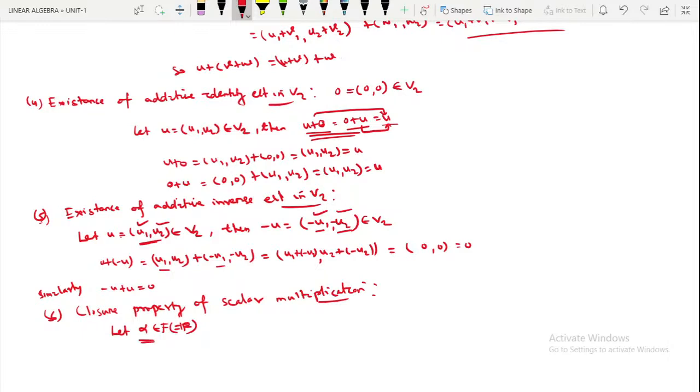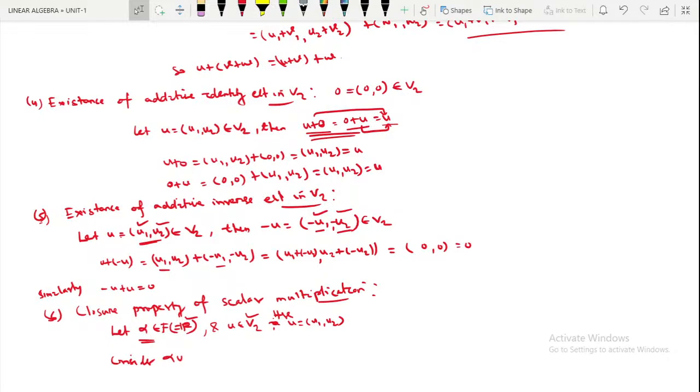So let alpha be any real number, and u belongs to your V2, and you know u is u1 comma u2, I already defined before. Now if I consider alpha times u, that must lie in V2, we have to show this.